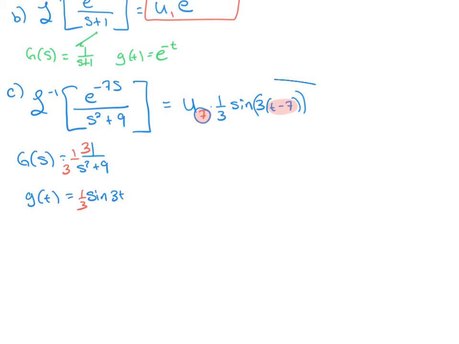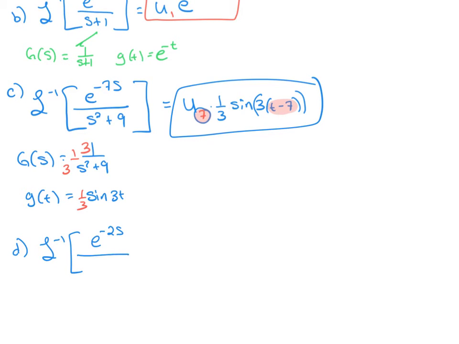Okay, so let's do one more. Inverse Laplace of e to the negative 2s over s times s plus 3. Okay, so I have a unit step function at 2, and my g of s is 1 over s times s plus 3.